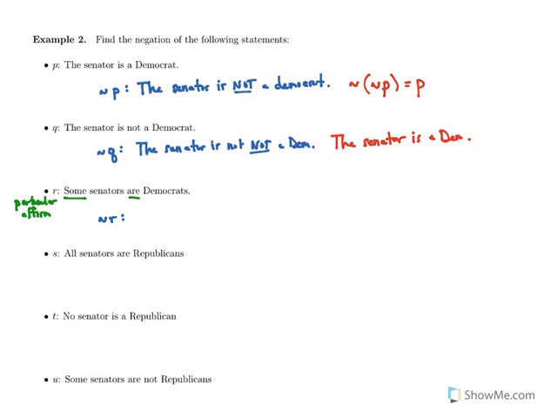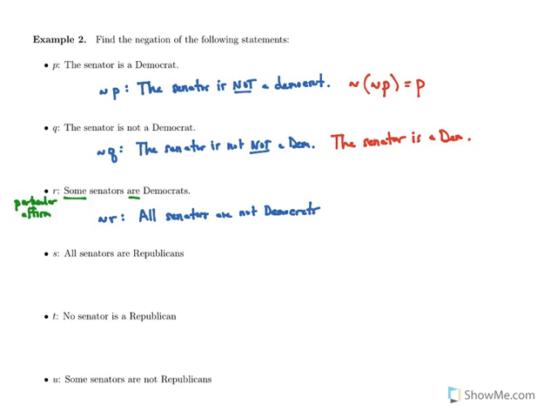The opposite of that is going to be our universal negative. So the opposite of some senators are Democrats is going to be that all senators are not Democrats.